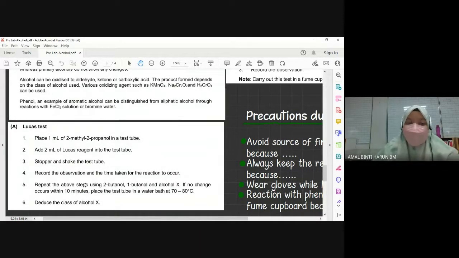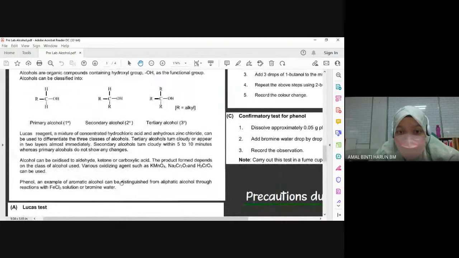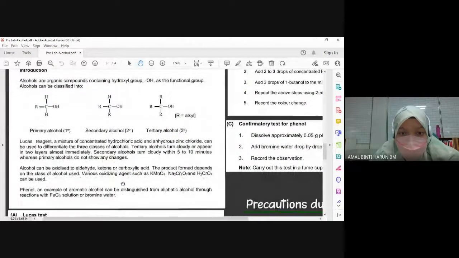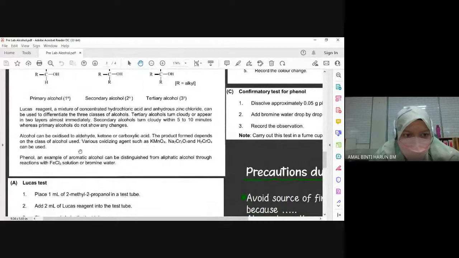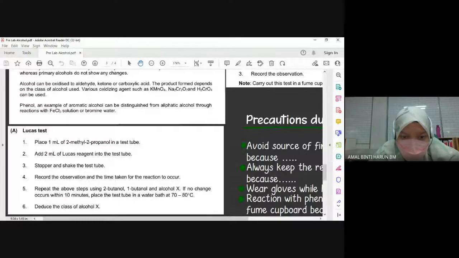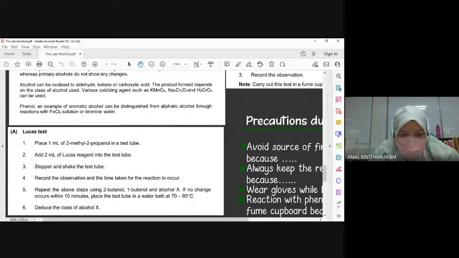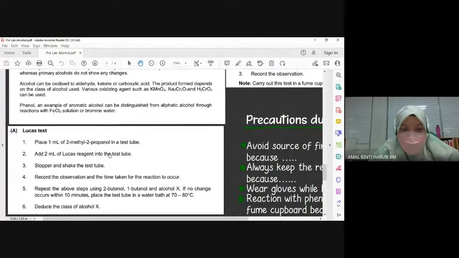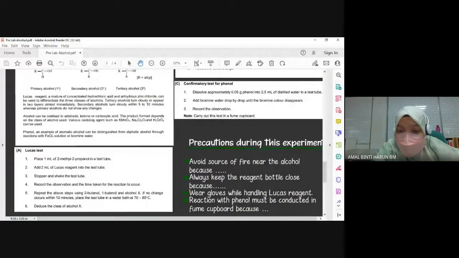Ya, betul. Tapi kat sini dia tak tulis pun. Okay, tapi kalau you tengok nota, you ada nota kan? Okay, tengok nota. Lucas reagent consists of HCl, concentrated HCl and zinc kan. Okay, so concentrated HCl tu sebab tu kita pakai gloves.